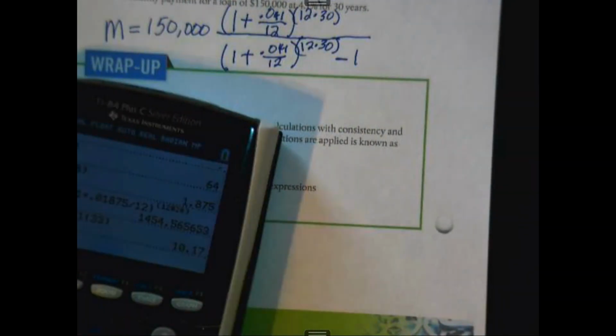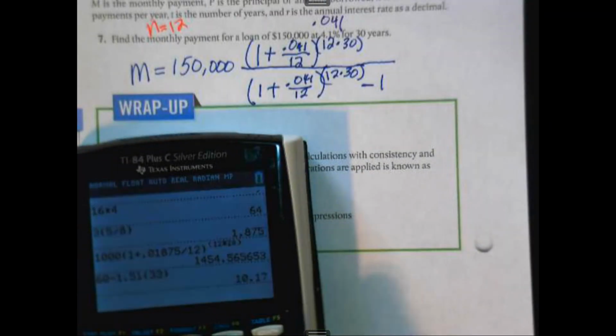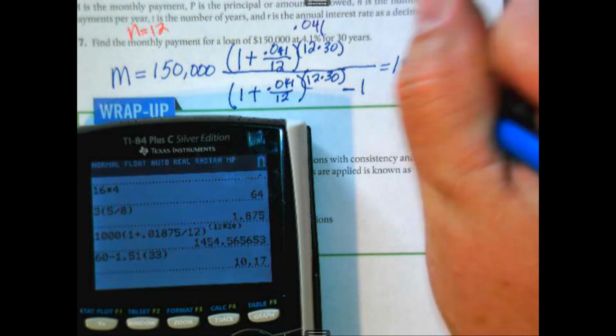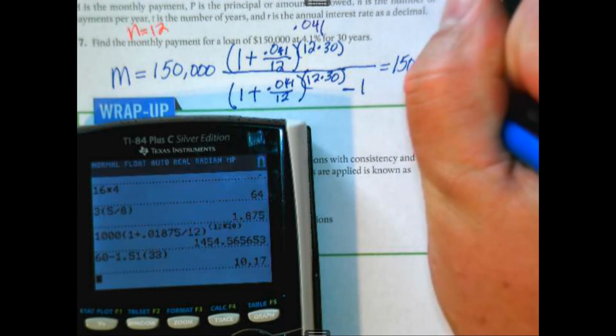Okay, let's see how much we can do to clean this up. I'm going to leave the 150,000 there for now.